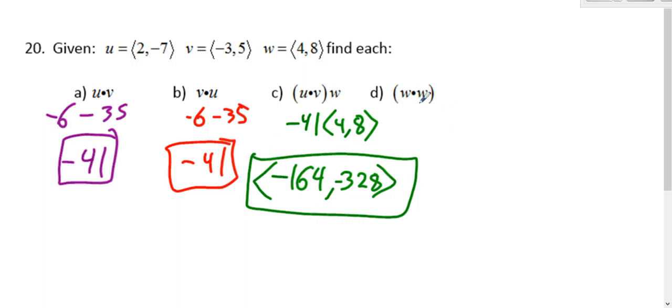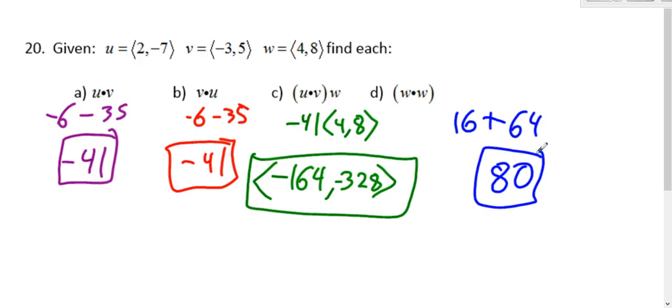And then for our last one here, W dot W, we're doing 4 times 4, 16, plus 8 times 8, 64. So that's 80. And just a reminder that that is equal to whatever the magnitude of W is, squared. One of those little theorems that we had along the way.